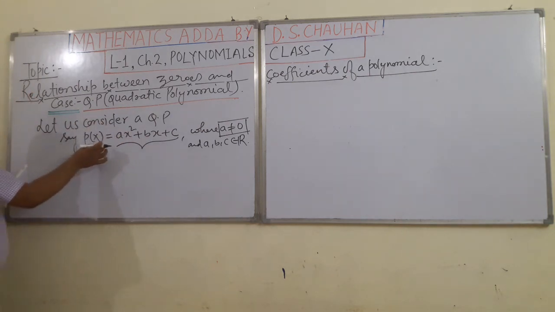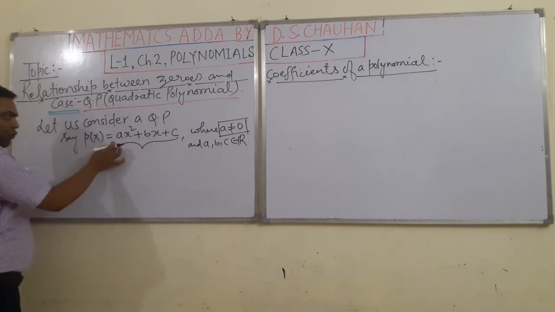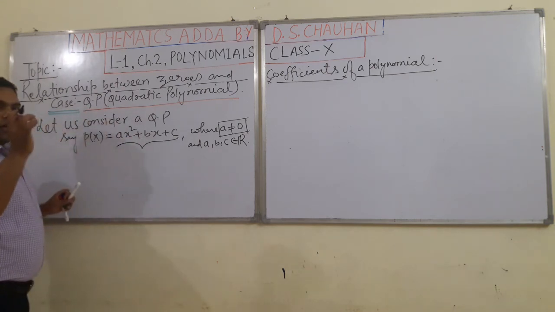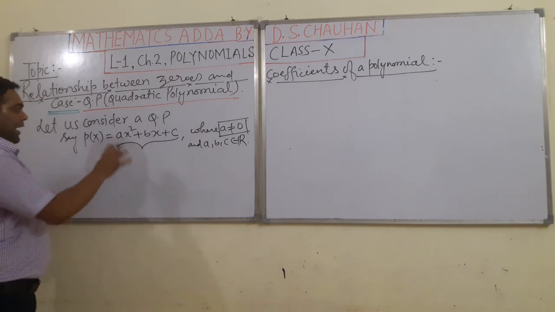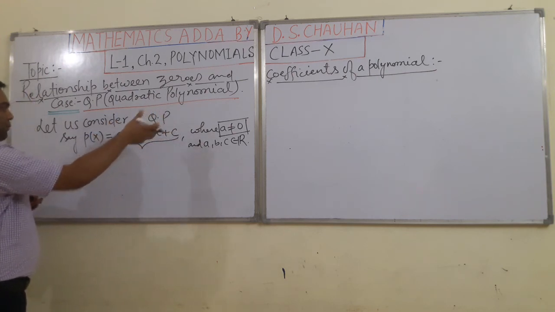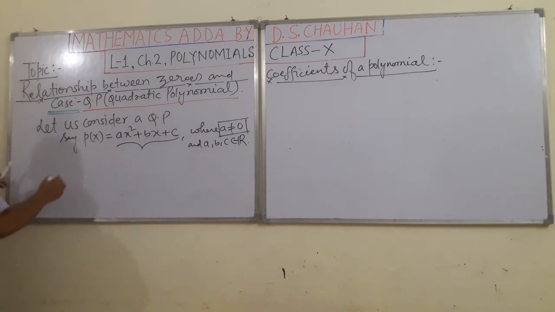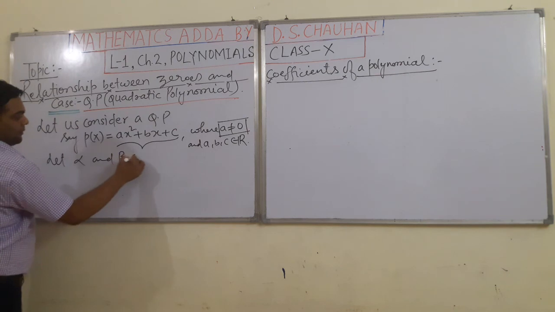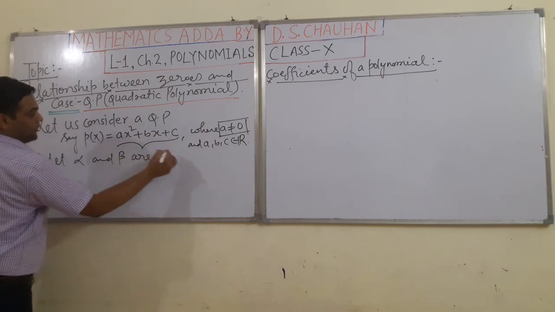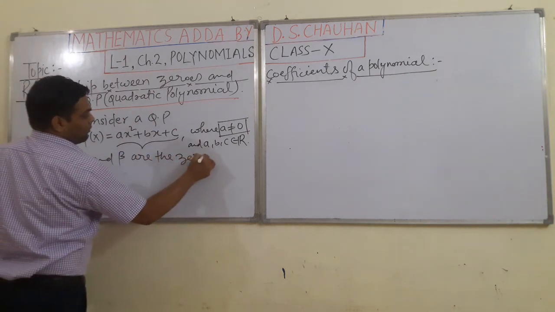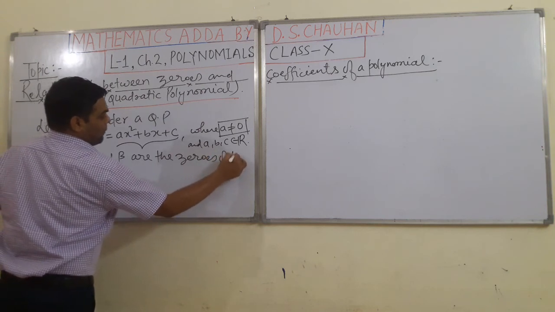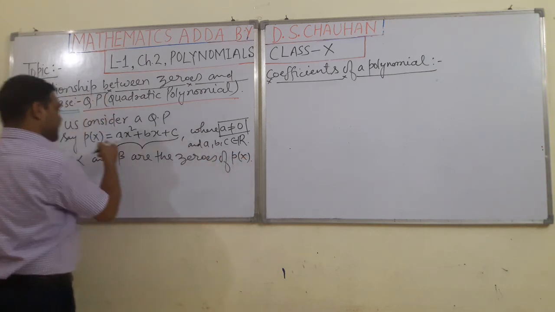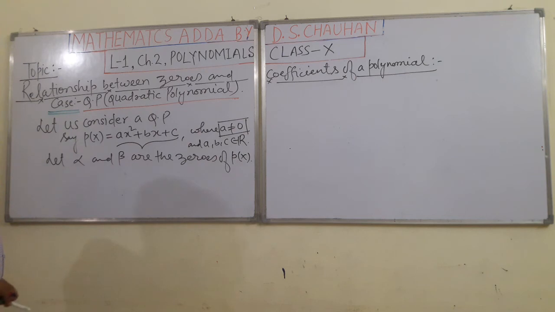Now the degree of a quadratic polynomial is 2, so it must have at most 2 zeros. So let alpha and beta be the zeros of P(x), which is a quadratic polynomial.